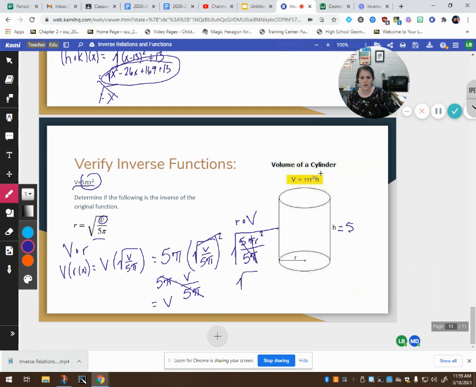I'm left with the square root of r squared, and the square root of r squared is r. So we ended up with the identity function in both places. v of r is equal to v, and r of v is equal to r. So these are inverse functions.